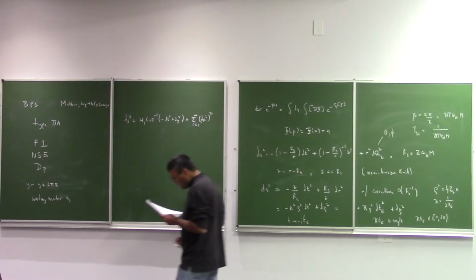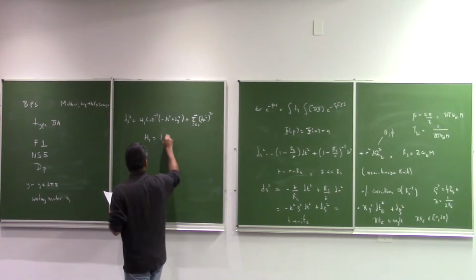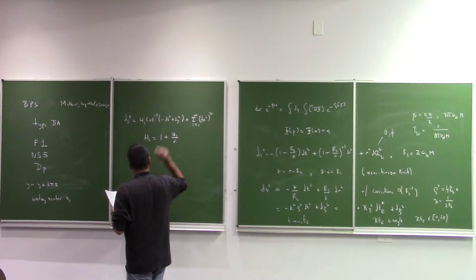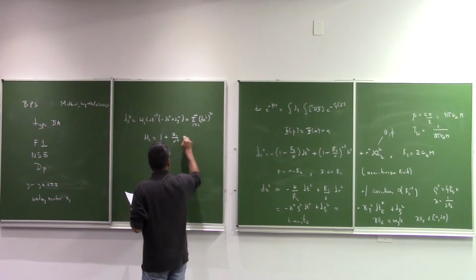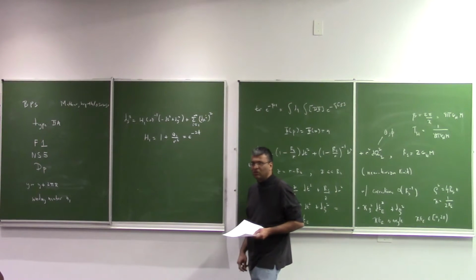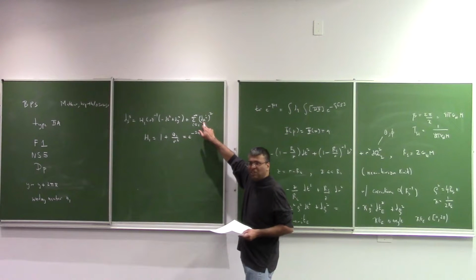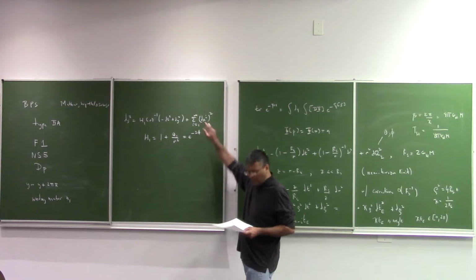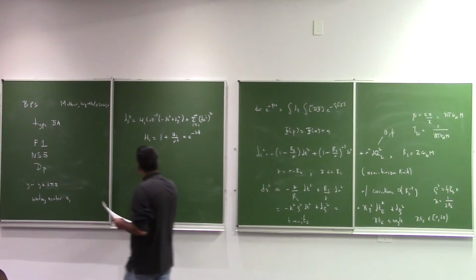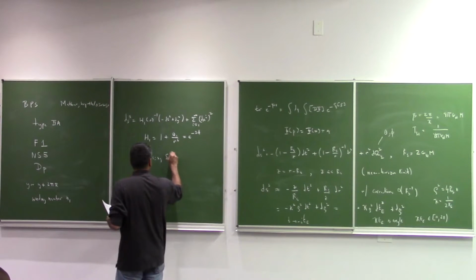This H1 is equal to 1 plus Q1 over r to the 6th, which equals e to the minus 2 phi, where phi is a dilaton. This r measures distance in these coordinates, so r squared equals x_i x_j delta_ij.